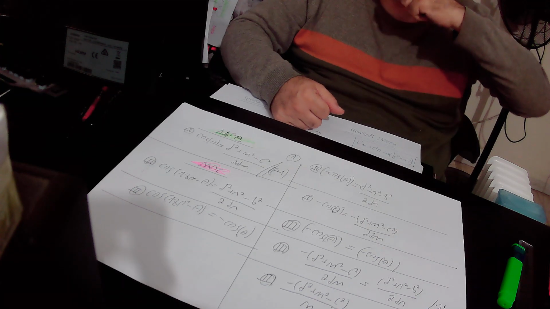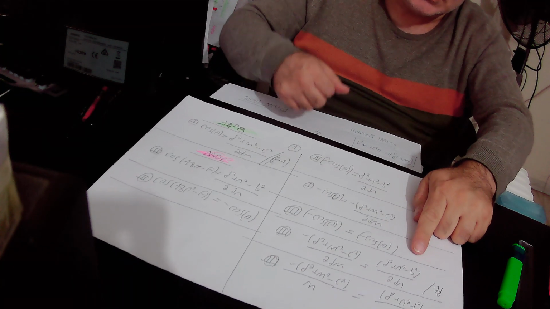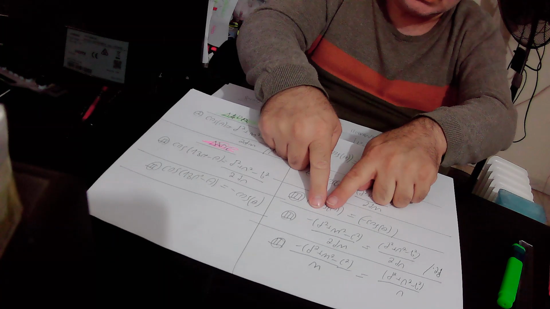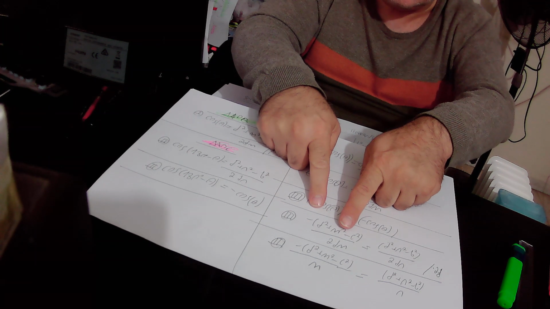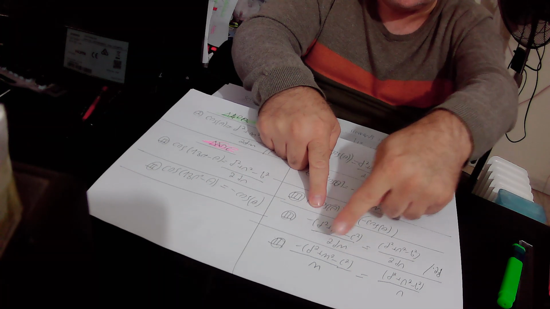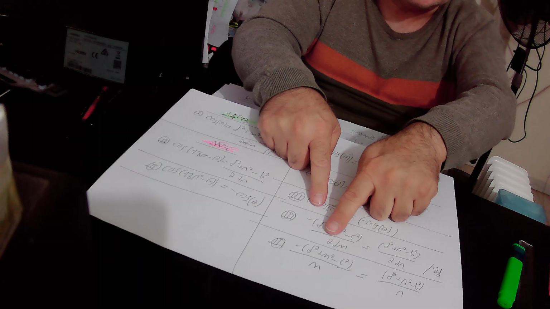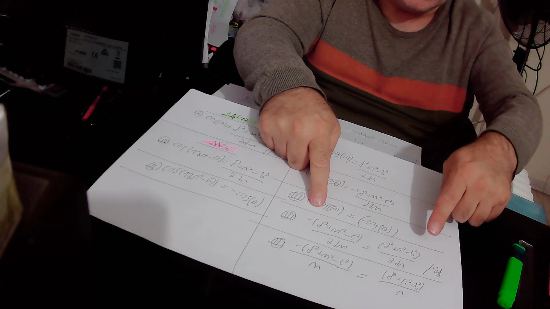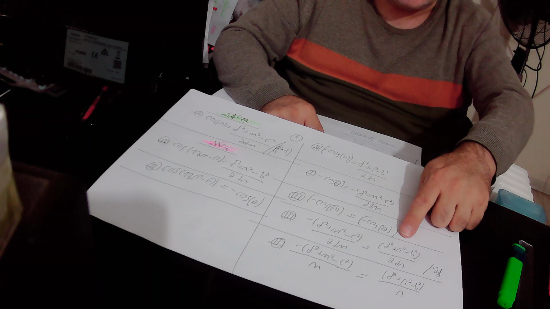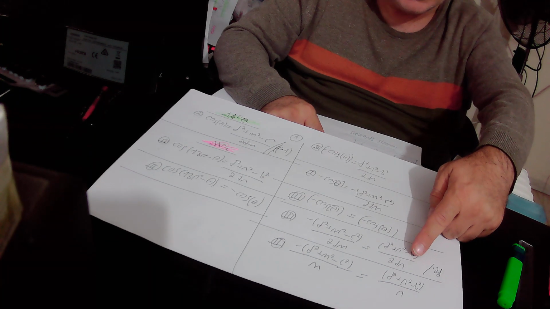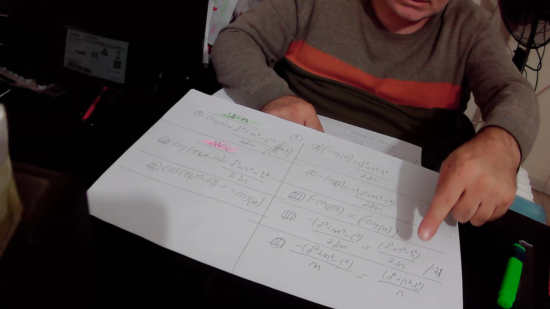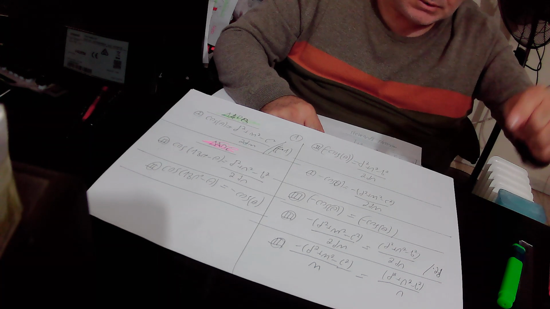Then we multiplied equation number 3 by 2D, and 2D over 2D is 1, so in the denominator we are left only with M. The numerator didn't change, it stays as minus D square plus M square minus C square, and it is equal to, here 2D over 2D is 1, so in the denominator we are left only with N. The numerator didn't change, it stays as D square plus N square minus B square.